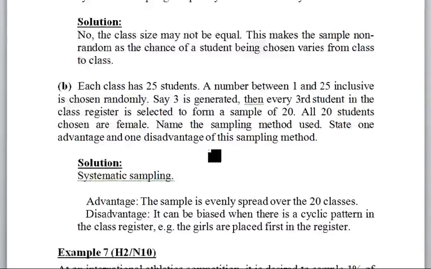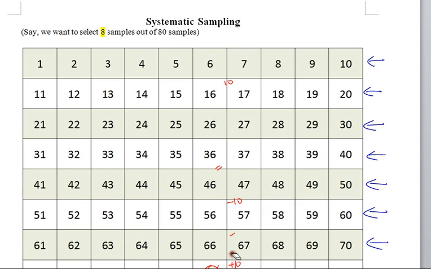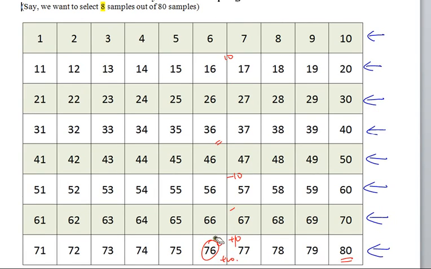But I want to emphasize one thing. What is a major disadvantage of systematic sampling? Bias.